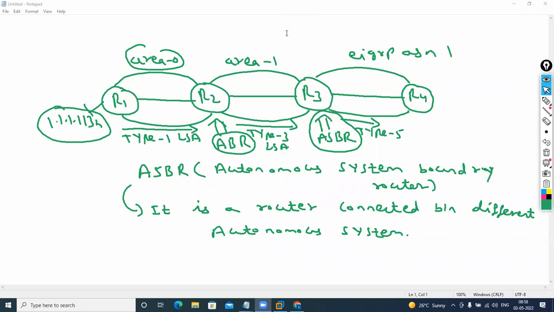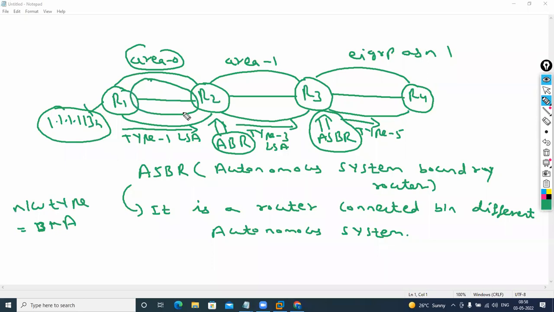DR depends on how many areas there are. Do you think DR is elected based on the area? No, no, Manoj. DR is not elected based on the area. DR and BDR are elected per segment, depending on the network type. By default the network type is BMA, and in BMA we have DR and BDR election.